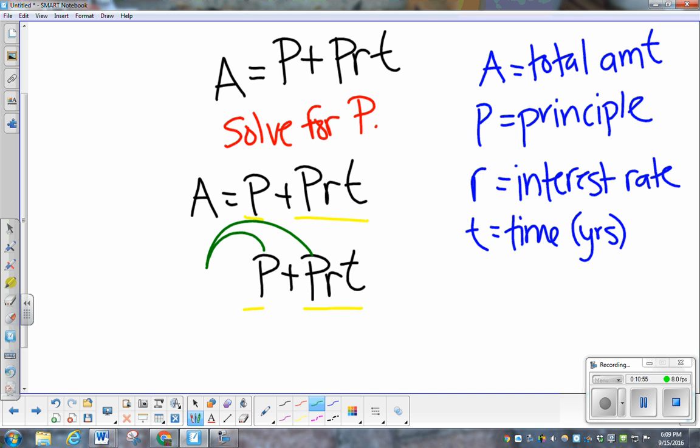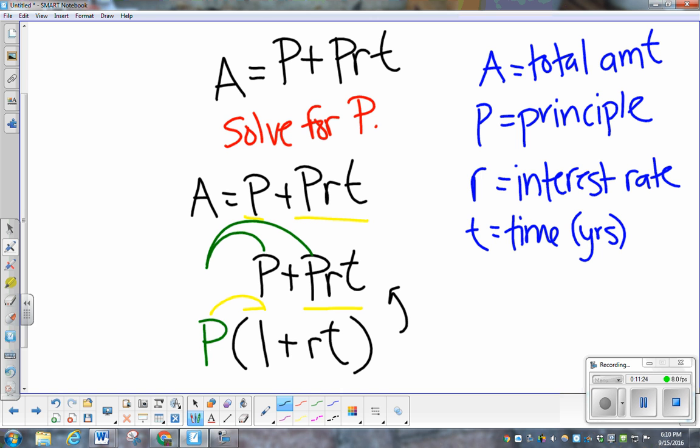So we want to pull it back out of each of those terms and put it out here. So this is called factoring, if you remember that. So we're going to have a P on the outside. Now we're going to think about what would have been in the parentheses so that when we distributed, we would have gotten what's up here. So we're kind of working backwards here. So for our first thing right here, well, P times 1 would give us P. And for our second term, P times RT would give us PRT.